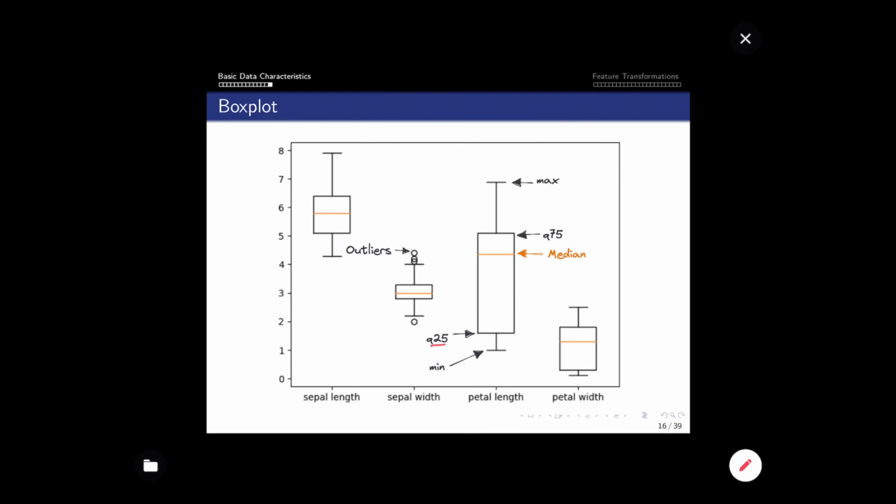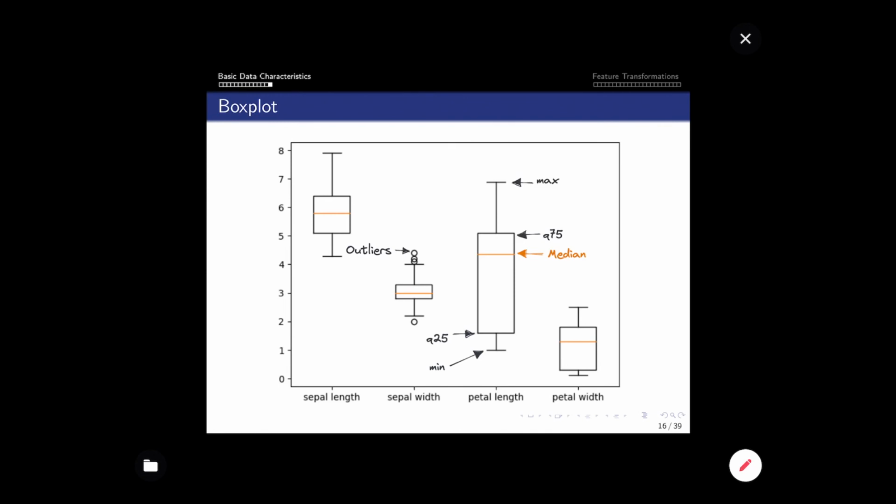So the 25% quantile indicates the value here, which is, for example, 1.5 or so. So that means that 25% of my observations actually have a value smaller than or equal to 1.5. And the median is actually the 50% quantile. So that means that 50% of the data lie below the value 4.1 or what it is.